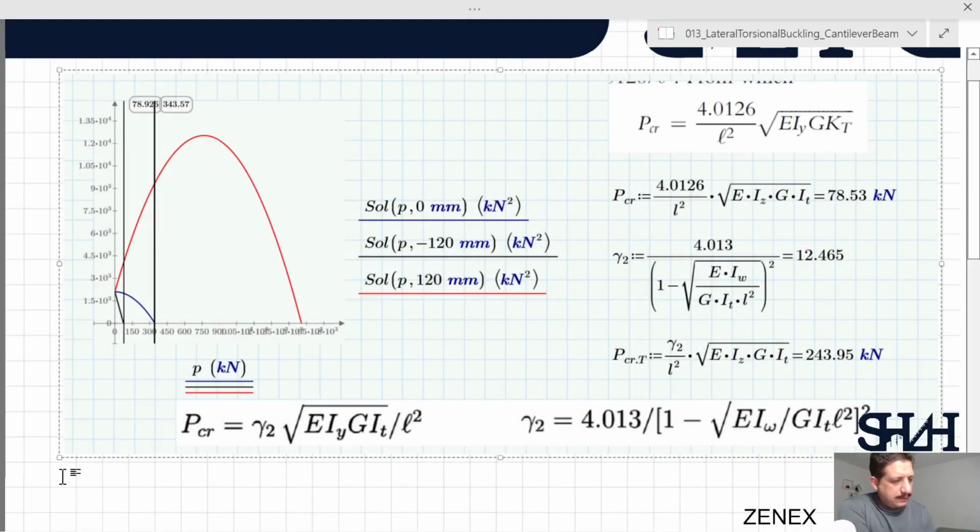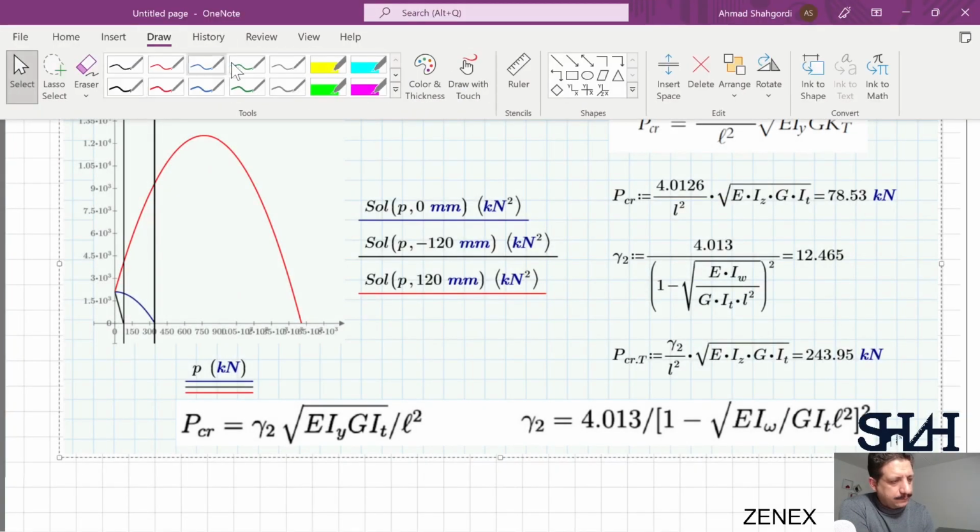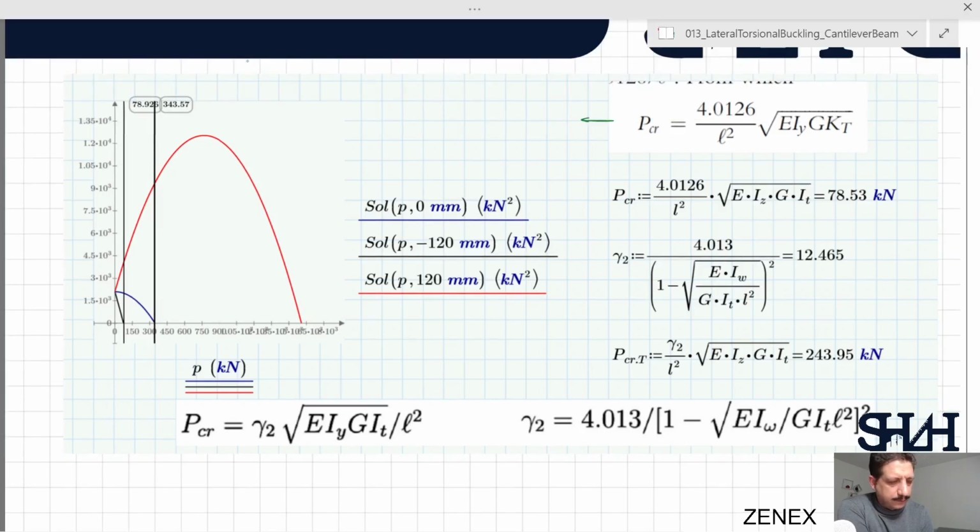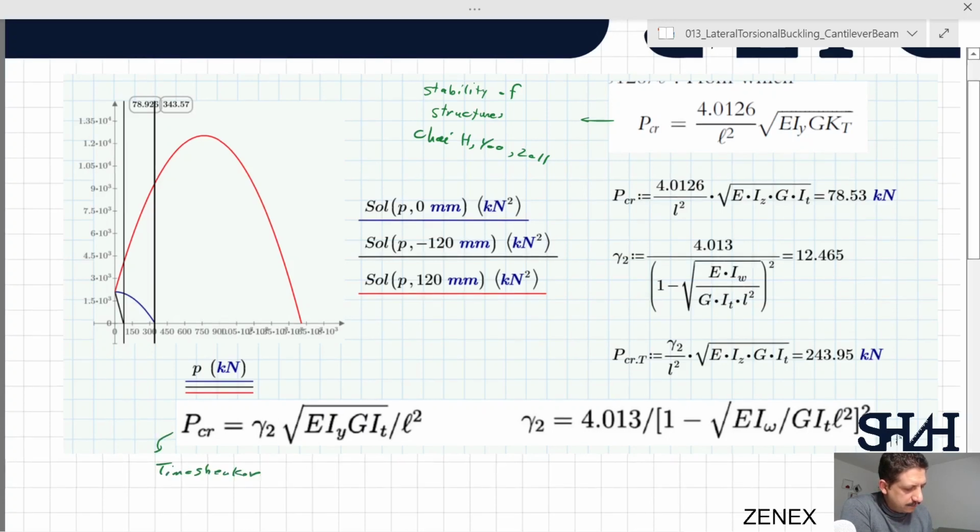So here, this is the equation from the Stability of Structures, Shahgordi, 2011, and this is from Timoshenko, about 1910.